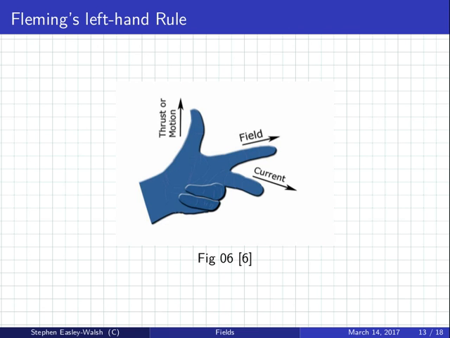Draw it. You can do it. Fleming. Did you draw this? Show me. What does it look like? Ah, cheater. No fingers.